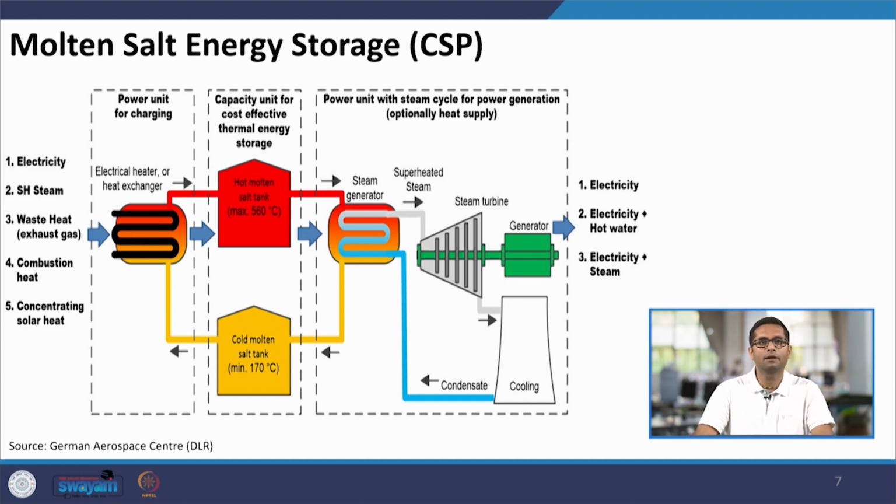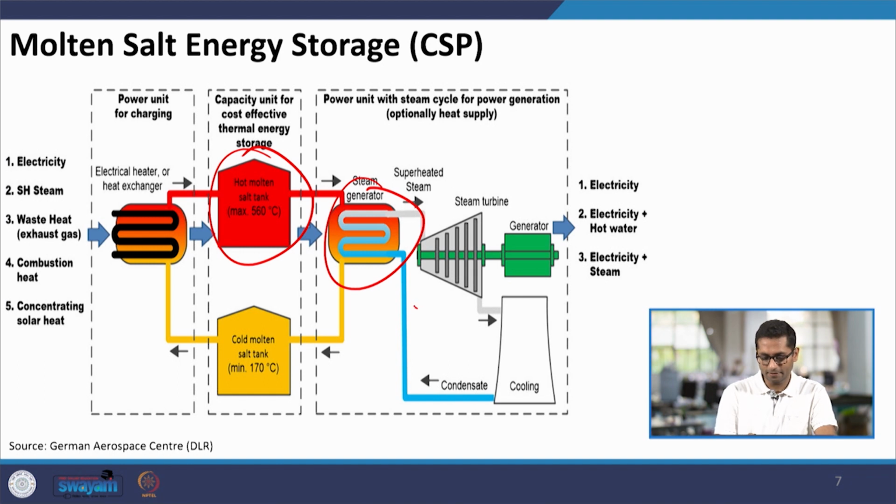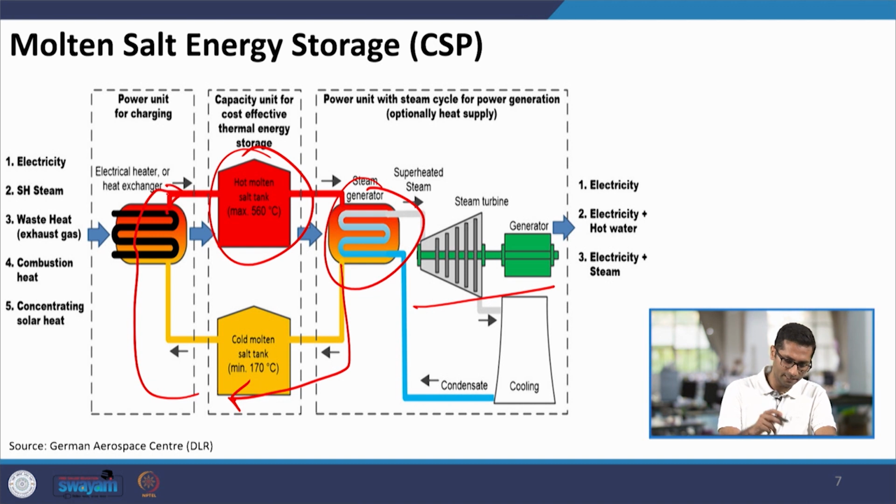In places where we have excess solar available, we can use that to heat molten salts up to a certain temperature, and these molten salts can stay at these temperatures for quite some time. Whenever we are in need, this hot temperature could be used for raising steam, and this steam could be used in conventional steam turbines coupled to a generator, producing electricity. On being cooled down, these molten salts can again be heated during the daytime, completing this cycle.